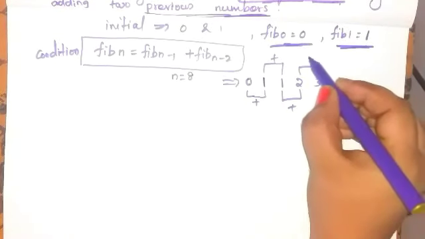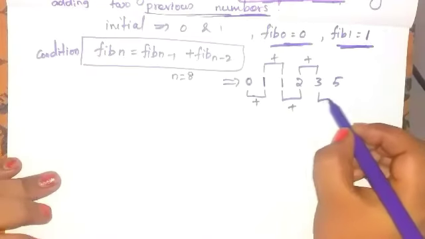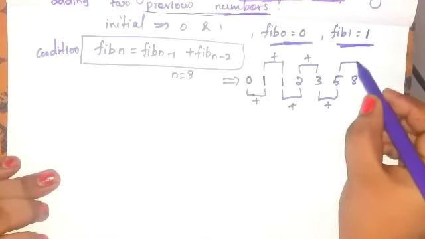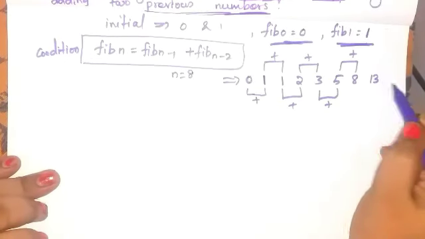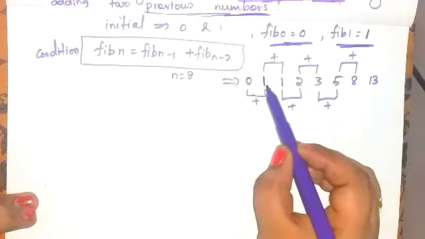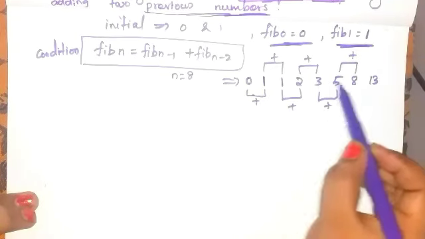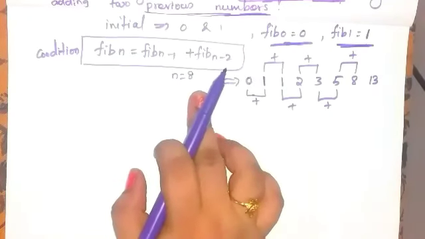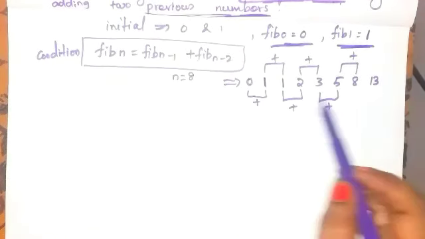Next 5. Next add this, 8. Next add these two values, 13. See here, n is equal to 8: 1, 2, 3, 4, 5, 6, 7, 8. So if you want to calculate the Fibonacci series for 8 digits, you can write like this.